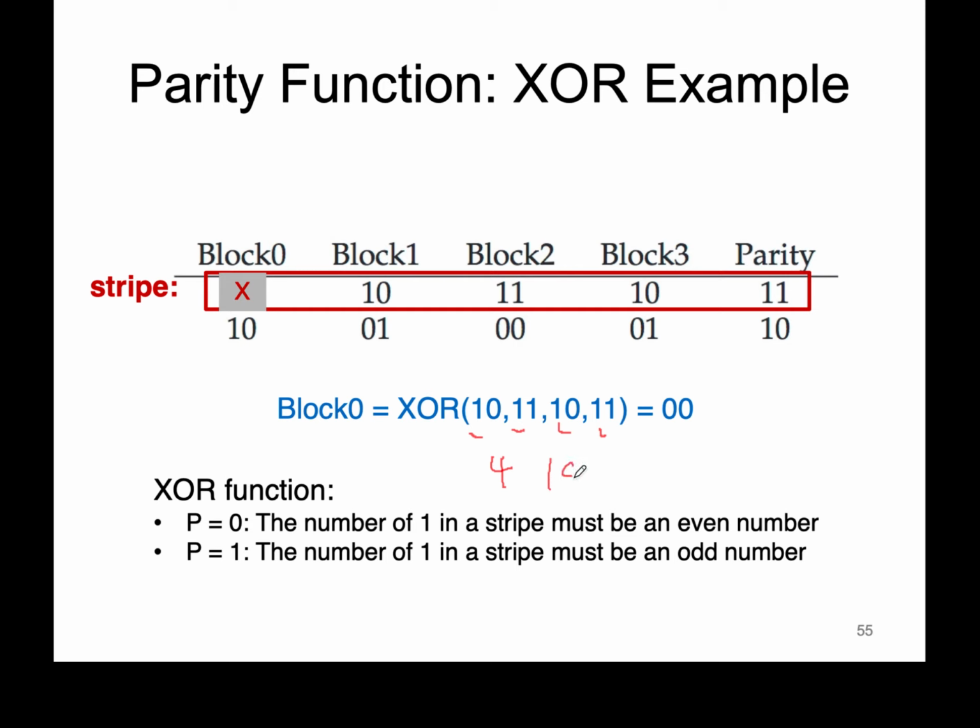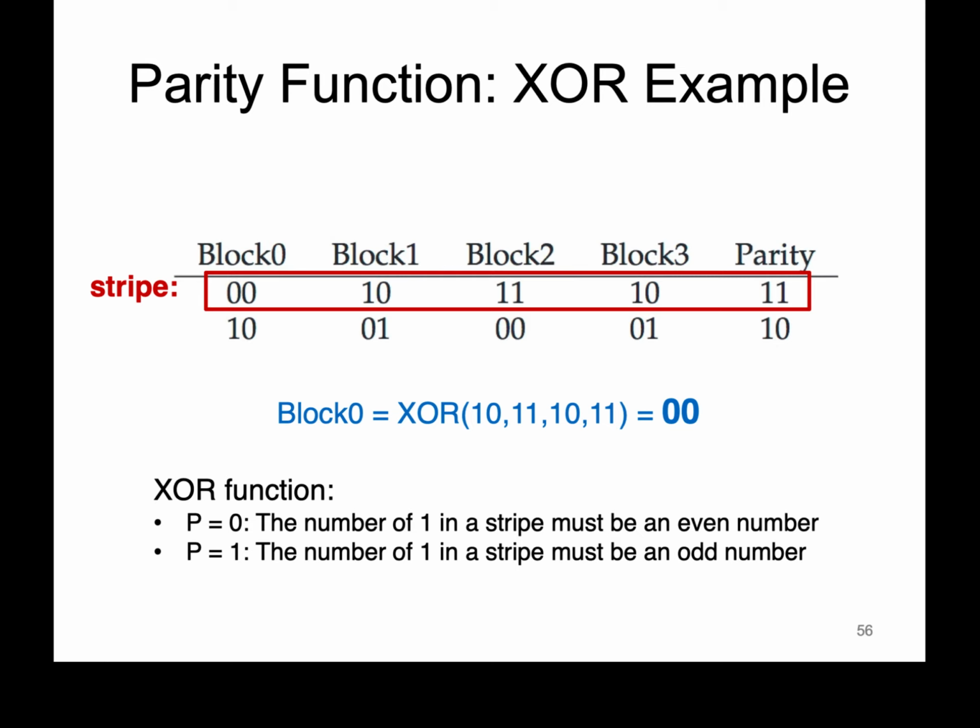We have 4 ones, which gives you 0. And if you do the low bits, we have a total number of 2 ones, which again gives you 0. So we end up with this exclusive OR result of 0, 0. That is how we could effectively recover the lost data block, which is block number 0.